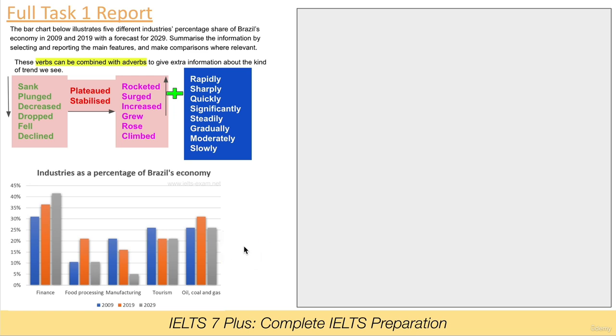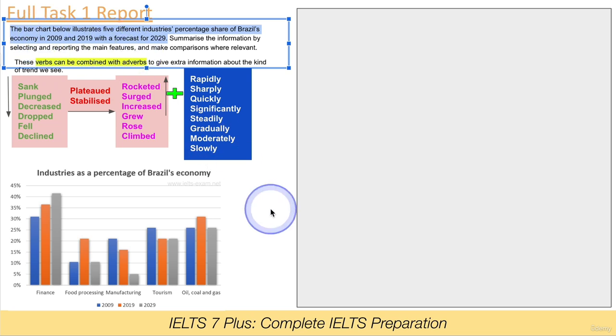Okay then, so you might be thinking, well, what do we need to do to start our essay? Good question. We need to paraphrase the first sentence here. In other words, the bar chart below illustrates 5 different industries' percentage share of Brazil's economy in 2009 and 19 with a forecast for 2029.